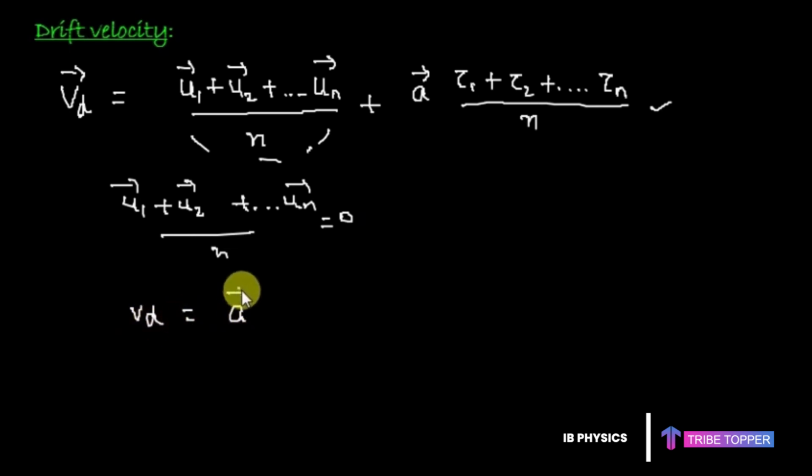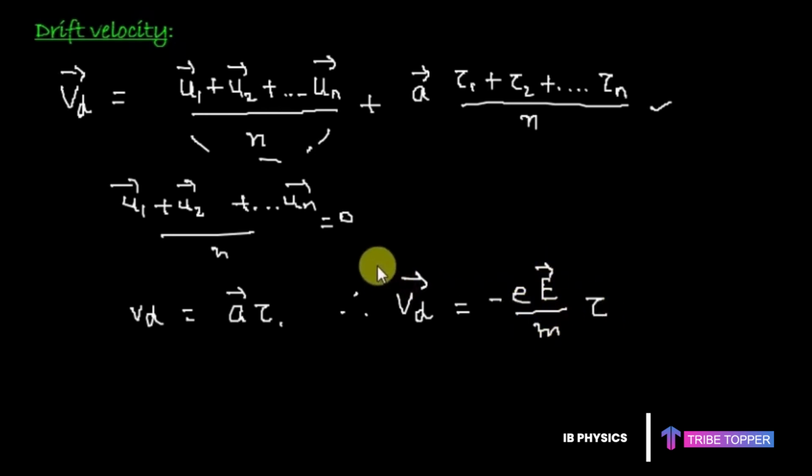Tau is the average relaxation time, and therefore in turn we get Vd, the drift velocity, equal to, if we substitute the value of acceleration, which was force by mass, minus e E upon m times tau. Now this is the expression that we have derived for the drift velocity.